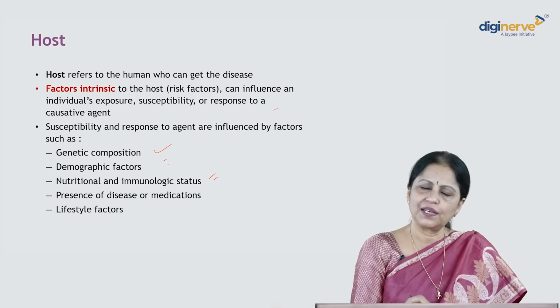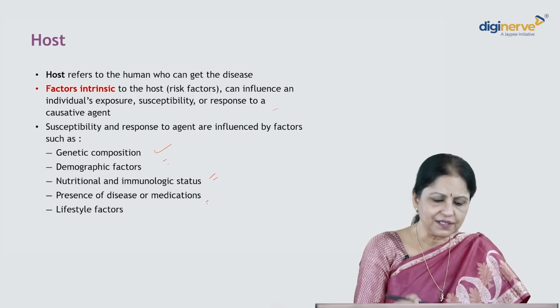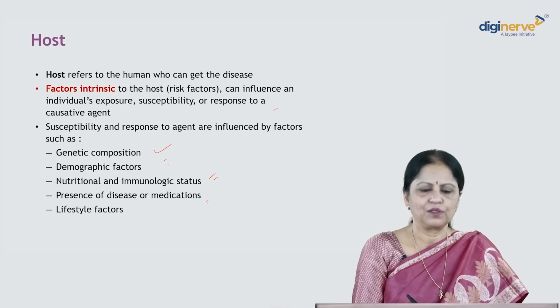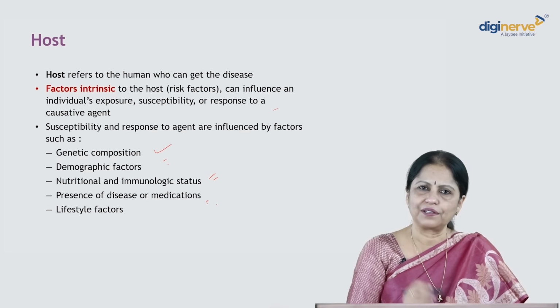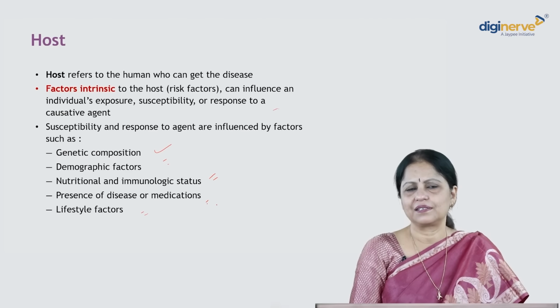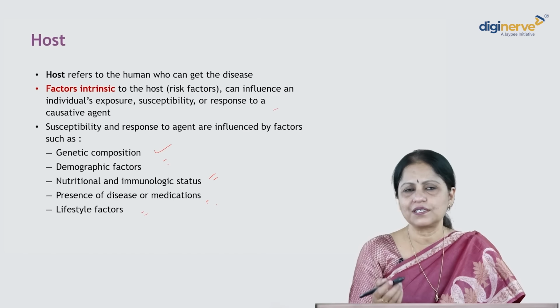Then nutritional and immunological status of the person, presence of other diseases, or the medications that the person is taking, those can also influence occurrence of other diseases. Then the lifestyle factors like the diet, unhealthy diet, physical inactivity, or say substance abuse in the form of say tobacco, alcohol. So those also are intrinsic factors which influence causation of disease.